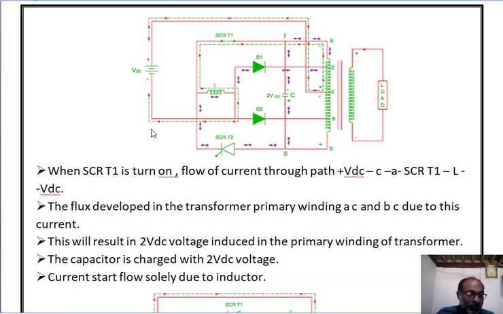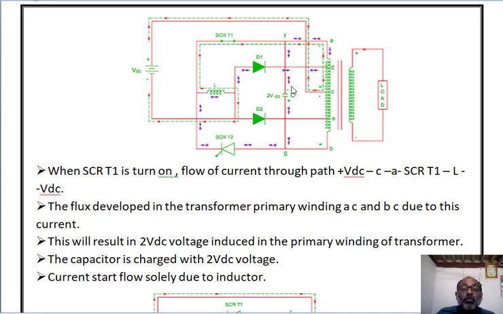Now due to this, flux is produced in the transformer primary winding in the portion AC and DC, because the load current passing through this upper part of the primary winding will produce flux. Now this flux is linked with the secondary winding. So in this portion also, because it gets VDC voltage A and C, an EMF is induced in the BC portion, which is also VDC.